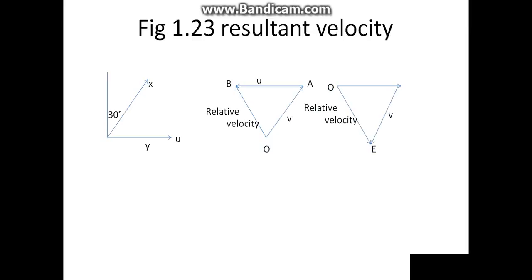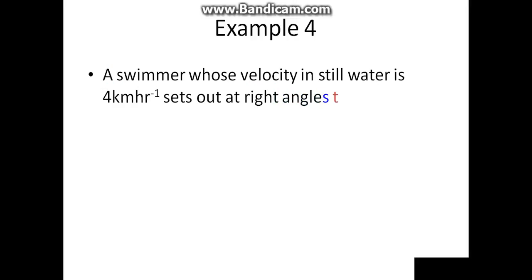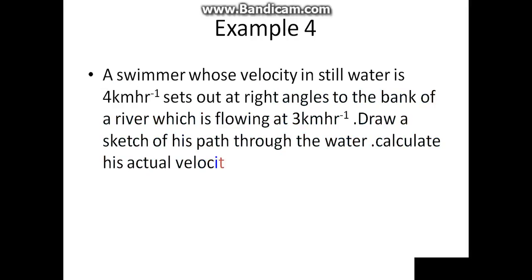A swimmer whose velocity in still water is 4 km per hour sets out at a right angle to the bank of a river which is flowing at 3 km per hour. Draw a sketch of his path showing the water. Calculate his actual velocity through the water.